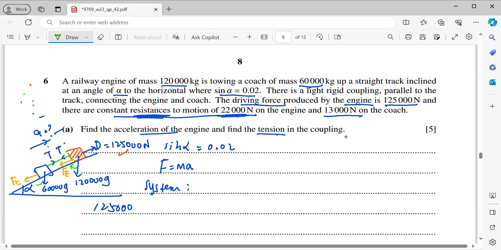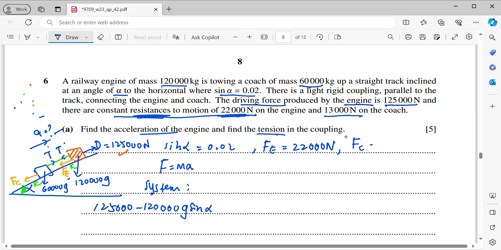Now here is alpha, that means I'm using the alpha value to resolve, therefore it's sine. So I will write minus 120,000 g sine alpha. Then I have a minus Fe. What is your Fe? From here I will write Fe, it is 22,000.